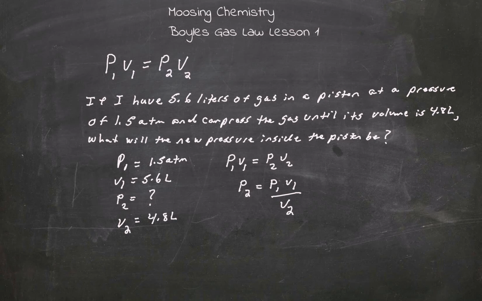Once we have that, now we're just going to put our numbers in. So our first pressure was 1.5 ATM times our first volume, which would be 5.6 liters, divided by our second volume, which is going to be 4.8 liters, and so we're going to multiply the two together.